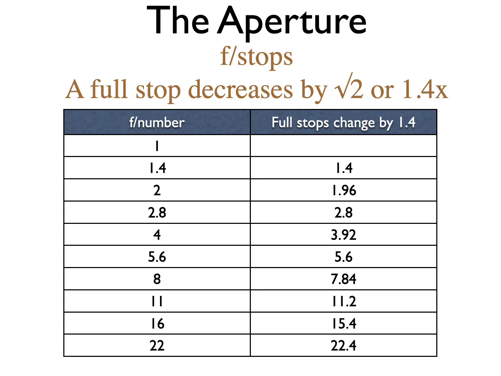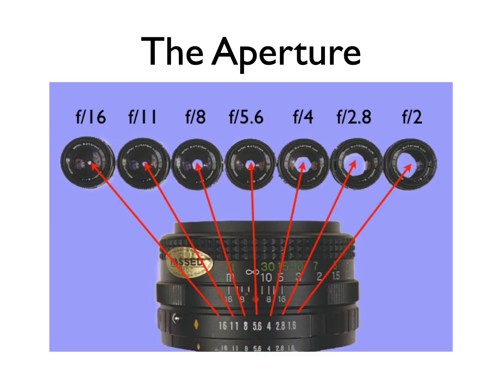So the numbers on the right hand side of the chart, as you're looking at the screen, change by 1.4, and the numbers on the left hand side of the screen are the actual f-stop numbers that are used. So that's how they determine the series of f numbers.